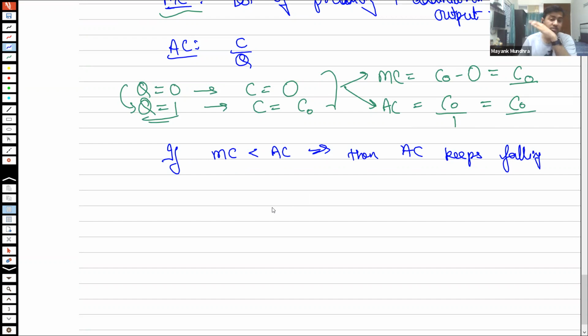Like if marginal cost is below average cost, then average cost keeps falling. Why is this thing true?